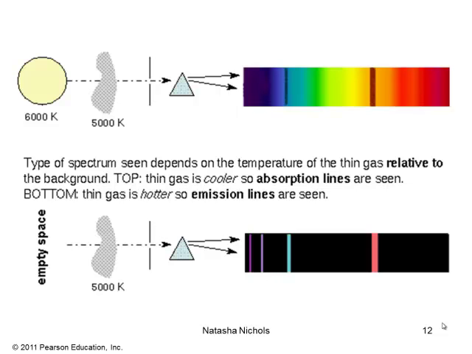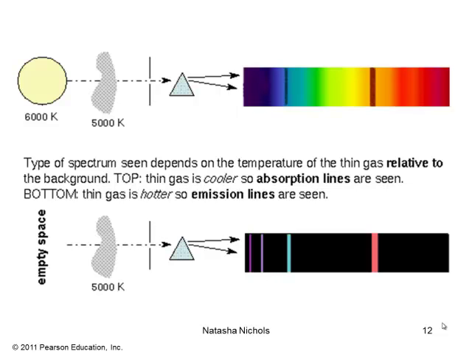Here's another representation right here. On the top frame on the left, we have a source that's about 6,000 Kelvin. 6,000 Kelvin is the surface temperature of our sun.